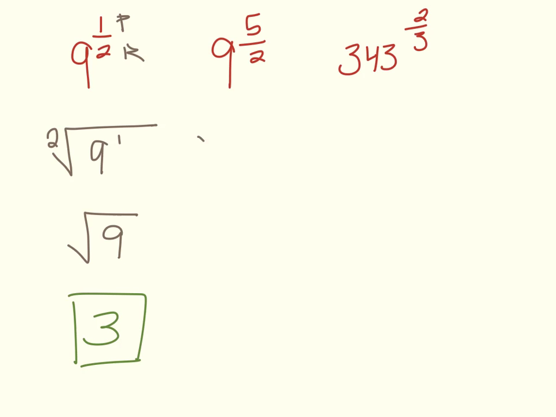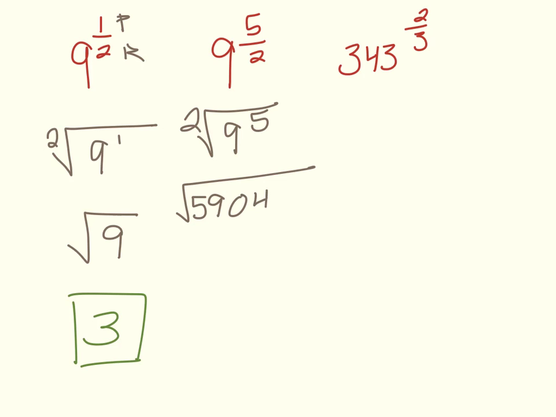So the next one, I have the second root or the square root of 9 to the 5th power. Well, 9 to the 5th power is 59,049, and the second root of that, let's see if that has a perfect square.